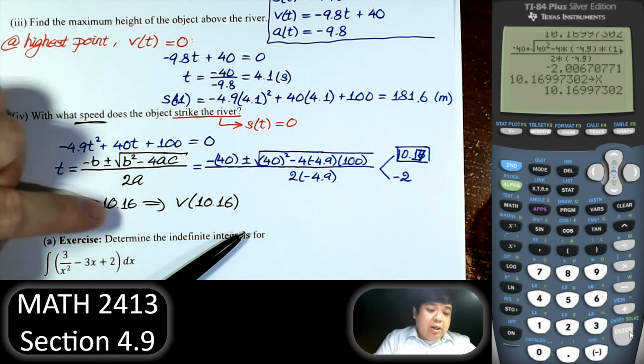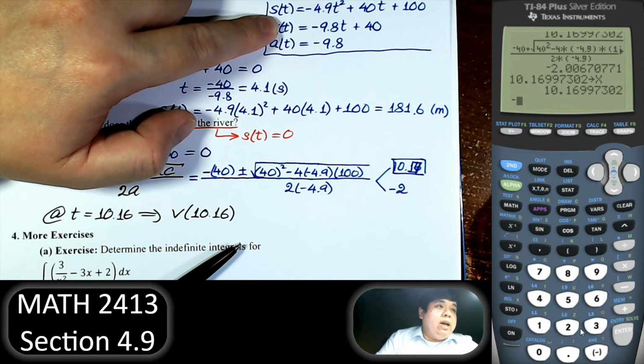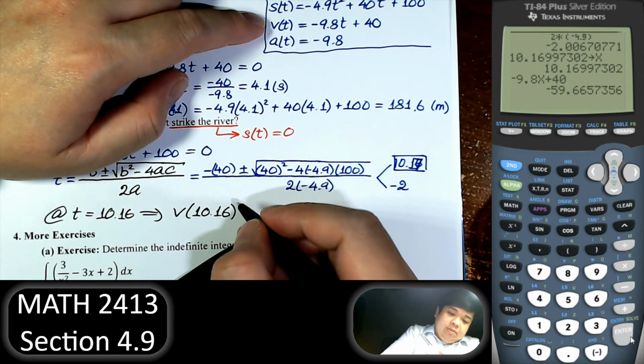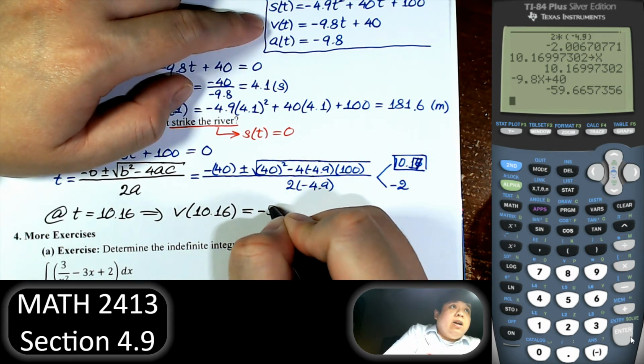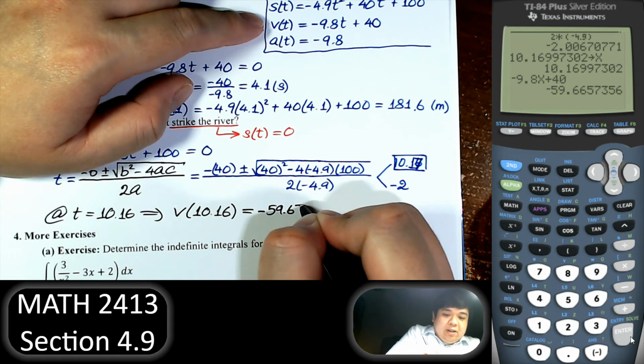Then I can evaluate. Velocity is this, negative 9.8 x plus 40, which is negative 59.67.